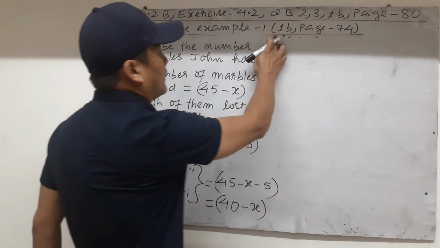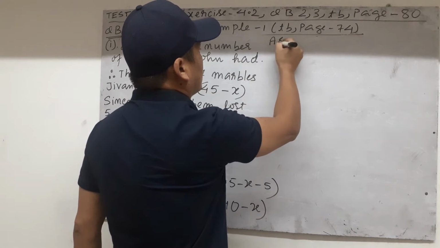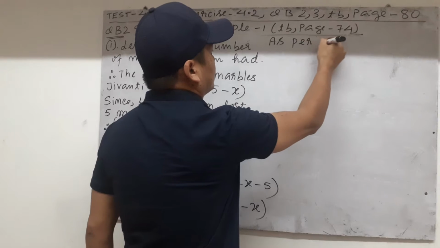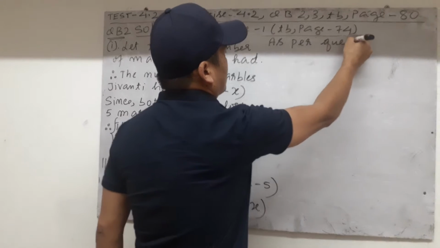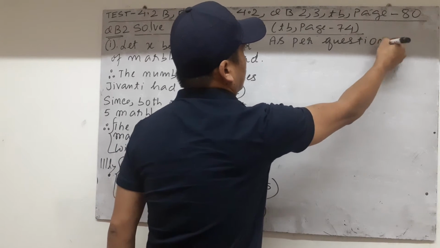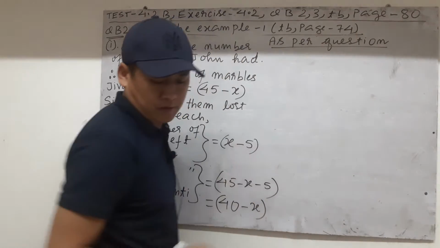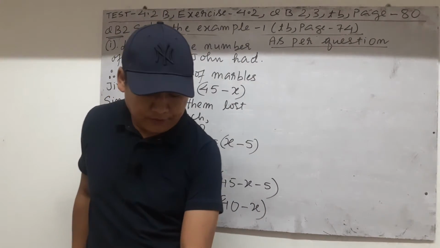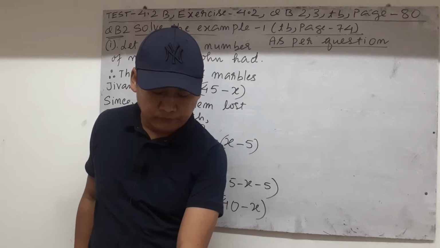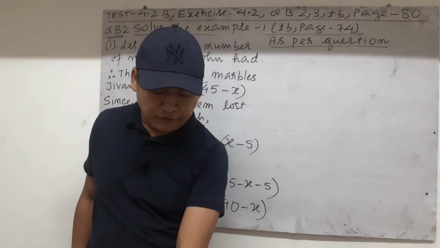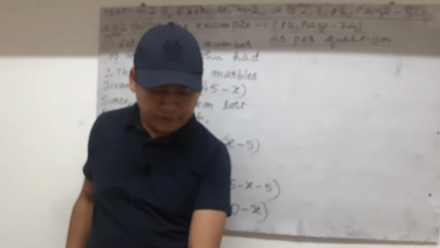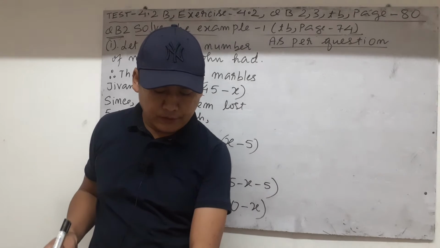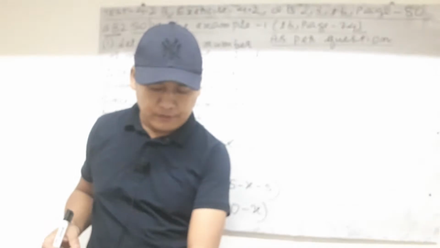So now, next, as per the question, means according to what is written in the question. Let me read the second sentence. That's what is given in the question. Both of them lost 5 marbles each. After that, the product of the number of marbles they now have is 124.